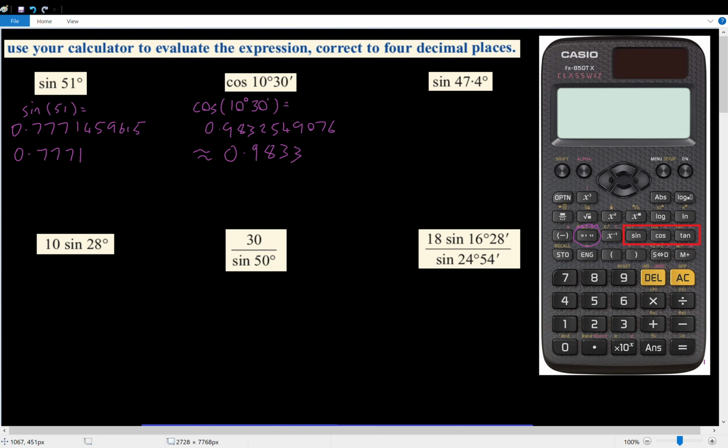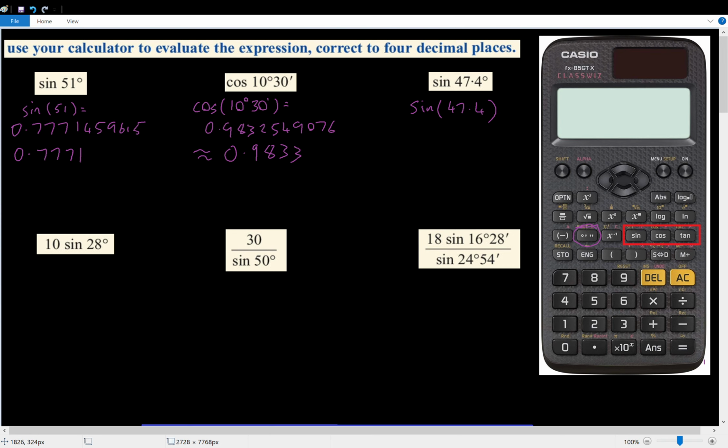Nice and straightforward. For our next one, we've got an angle with a division on it, but this time it's going to have a decimal instead of being broken down by the minutes. So this is straightforward enough again. Press our sine button to start with, and we will get sine bracket. And then we're going to press 47 decimal point 4, 47.4. And then we can press our bracket button to close off the brackets on that, and we can press equals.